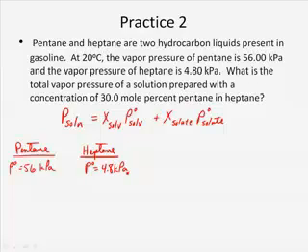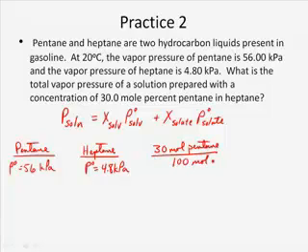And it says we have a concentration of 30 mole percent pentane. So that means I have 30 moles of the pentane per 100 moles of both. That means I've got 30 moles pentane to 70 moles of the heptane.